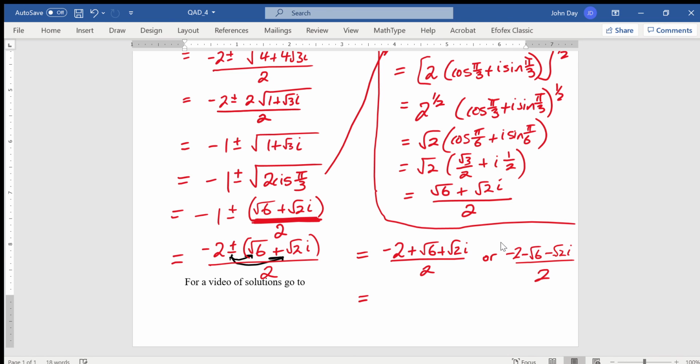So if I get all the real numbers together, I get (root 6 minus 2) on 2 plus root 2 on 2 i with the complex bit. And over here, I get (minus 2 minus root 6) on 2 and minus root 2 on 2 i. So that's given then in Cartesian form.